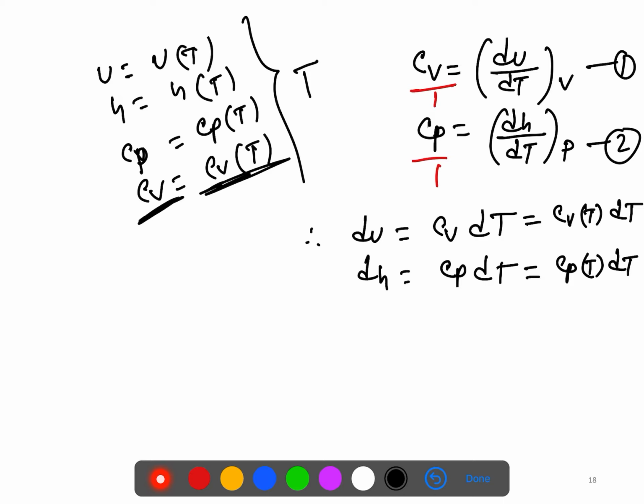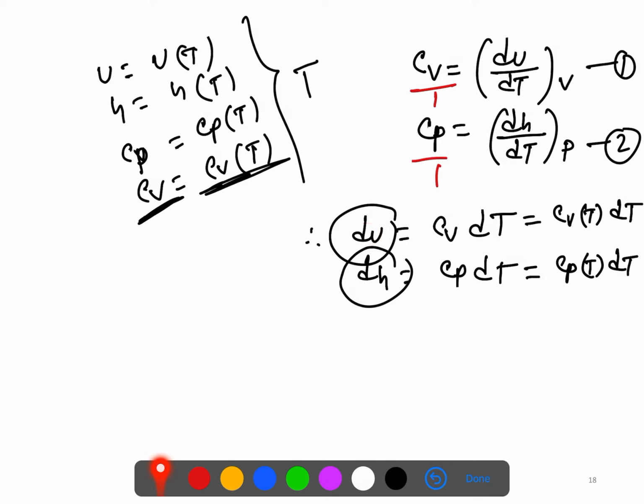So this is actually the differential form of the internal energy and the enthalpy, right? We got the differential changes of the internal energy and the enthalpy. We're trying to correlate the internal energy, enthalpy, and the specific heats. So these are the specific heats, and this is the internal energy, right?